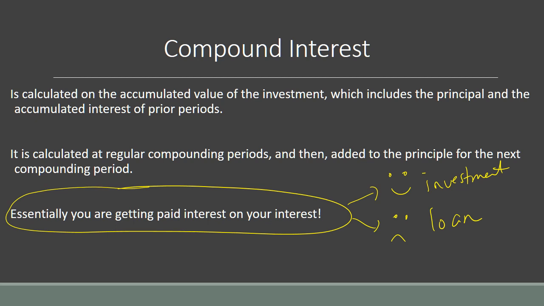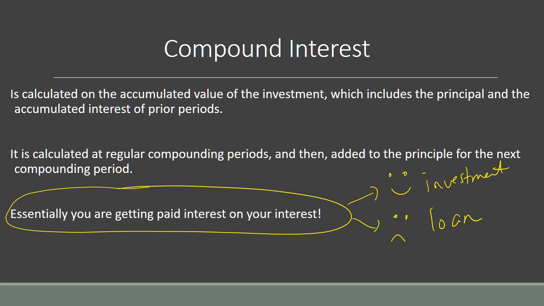However, for compound interest, your money earns you more money and more money and more money. It snowballs. Conversely, if it's a loan, like a credit card, which is why credit cards can be bad, if you don't pay off your loan on time, then your original borrowed amount earns interest.